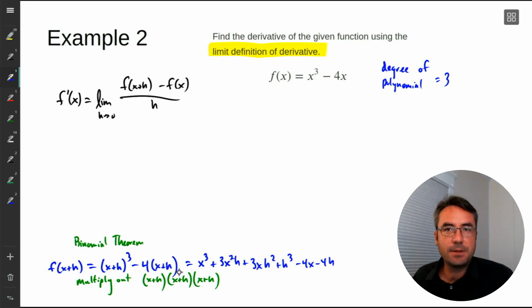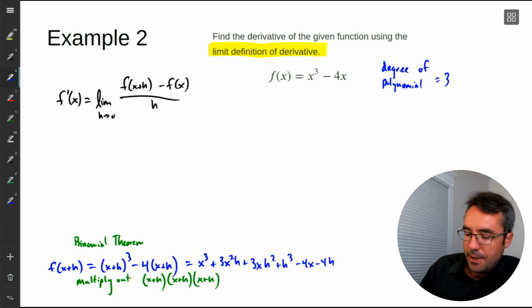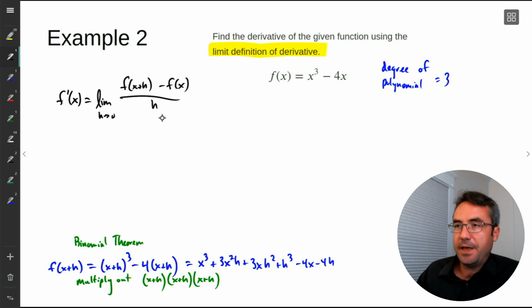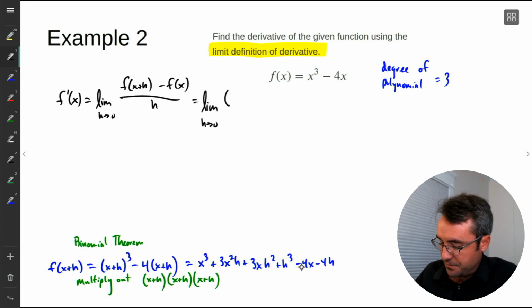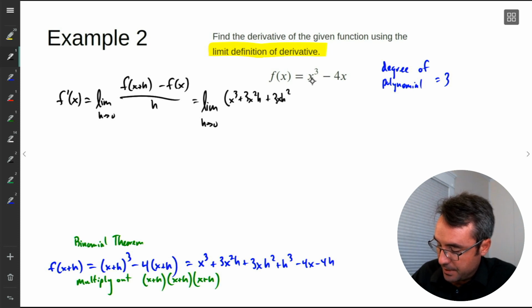So, this might be a little tricky, just kind of multiplying all this out. Let's fill that in now for our function. So we're going to have the limit as h goes to 0. Let's take everything we just found: x cubed plus 3x squared h plus 3xh squared plus h cubed minus 4x minus 4h.